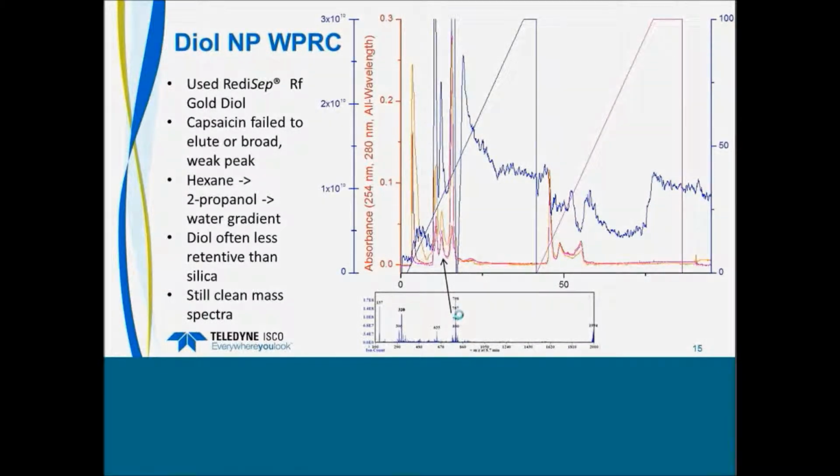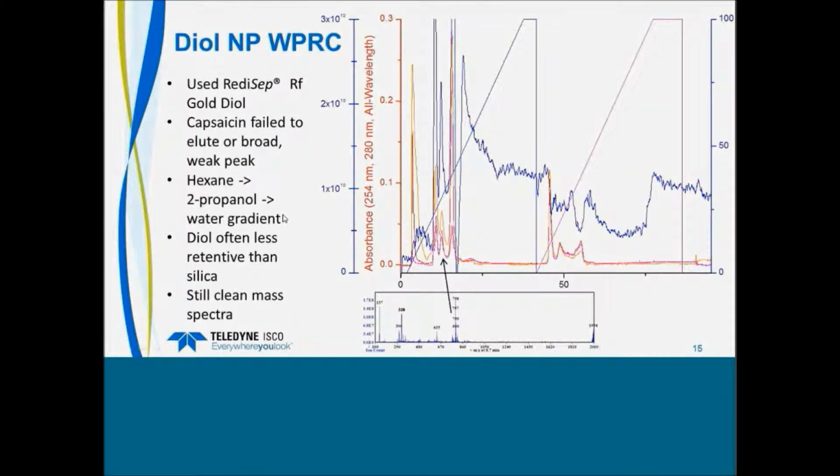I also ran diol as a normal phase column, a ReadySep RF Gold diol. In this example, I failed to find capsaicin in any of these peaks, so it either failed to elute or, more likely, it eluted as a very broad peak that was very weak. The gradient here was hexane to 2-propanol, then up to water.